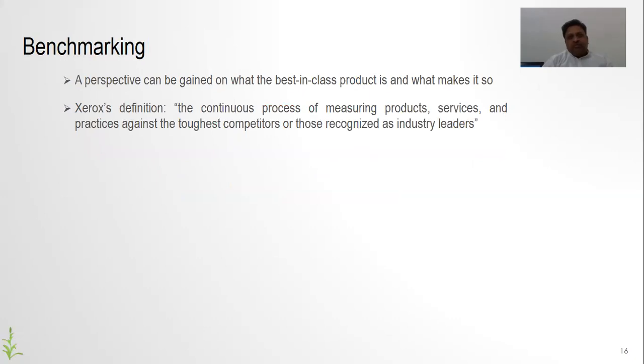Perspective can be gained on what the best-in-class product is and what makes it so. Xerox definition: the continuous process of measuring products, services, and practices against the toughest competitors or those recognized as industry leaders.